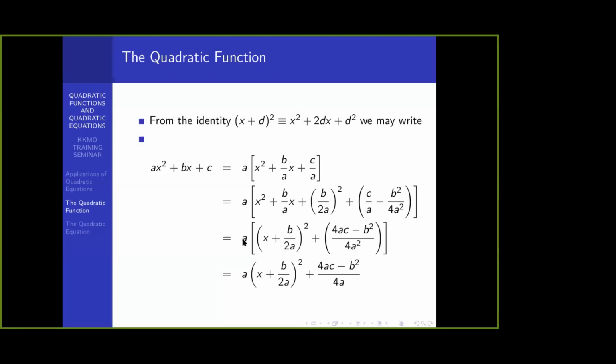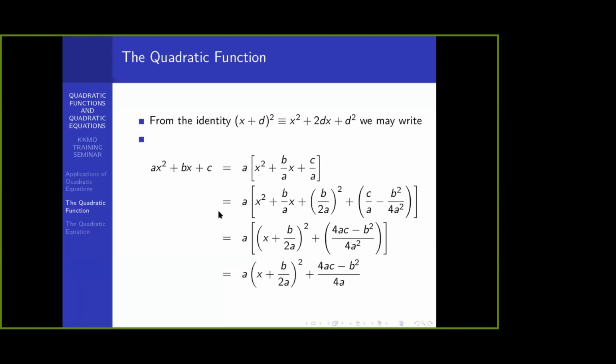Now, if we multiply a throughout, this is what happens. We have a times x plus b over 2a squared plus 4ac minus b squared over 4a. The a squared here, this a cancels out one of the a's, so that you're left with only 4a. And this gives you another way to express the quadratic function.